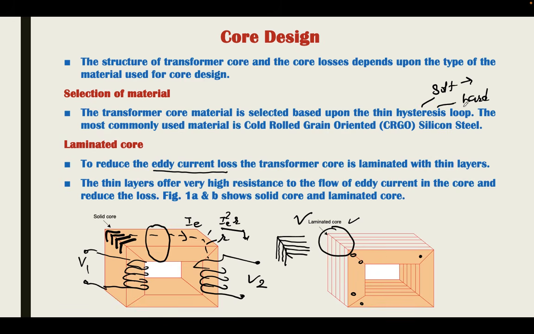Whereas hard magnetic material here means that once the transformer core is magnetized, it will have some residual magnetism within it when demagnetizing is applied. The most commonly used material is cold rolled grain oriented silicon steel, also known as CRGO silicon steel. This is a specially designed structure of the transformer core.